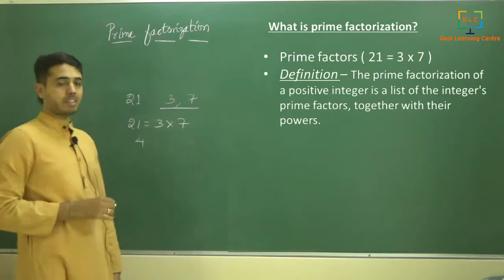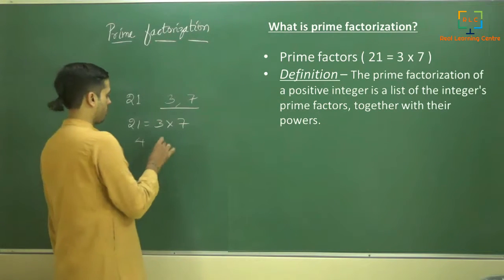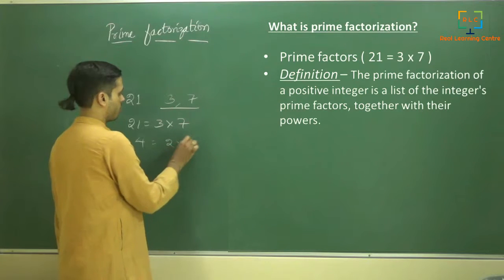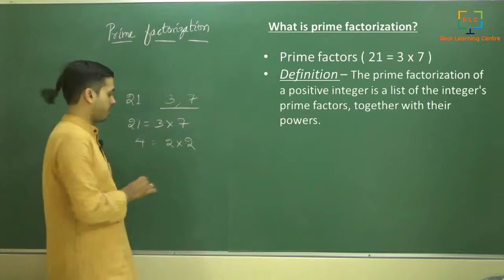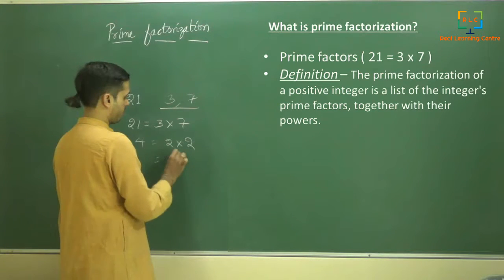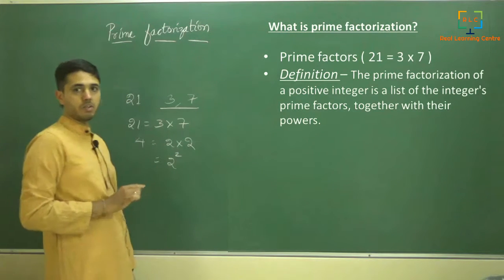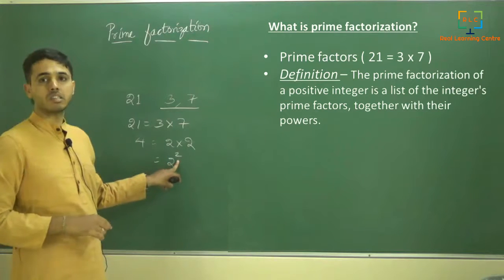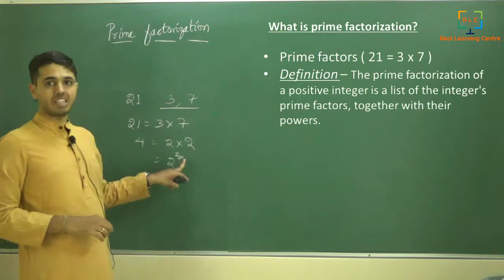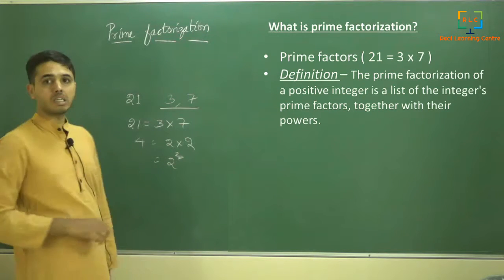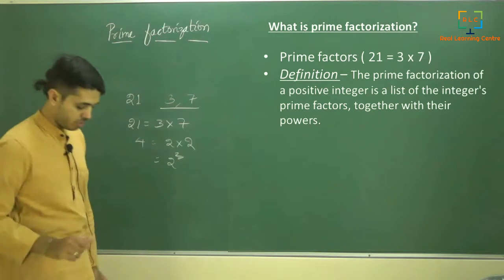What are the prime factors of 4? 2 into 2. There is only one prime factor, that is 2. Now 2 into 2 we represent as 2 square. So this is the power, which the prime factor is raised to, to get the original number 4.